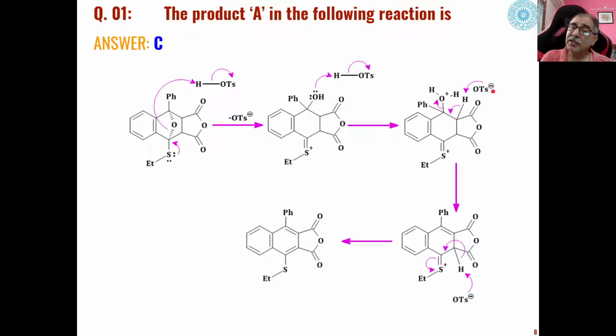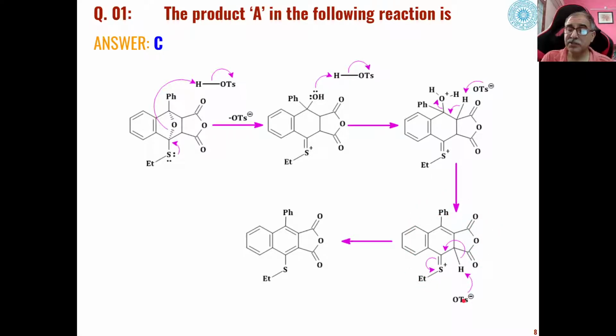Then the tosylate ion generated in either of these two steps will abstract this proton, which is acidic in nature because of the presence of this carbonyl group, and this will create a carbon-carbon double bond at this place. So you will get this type of intermediate.